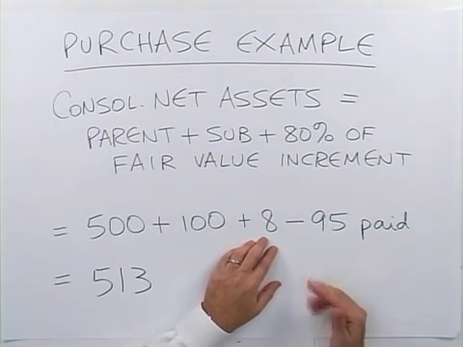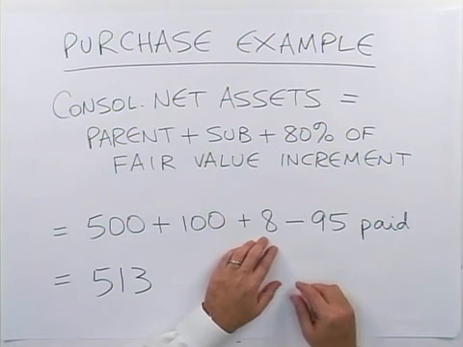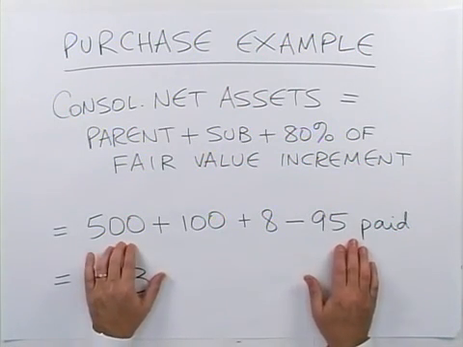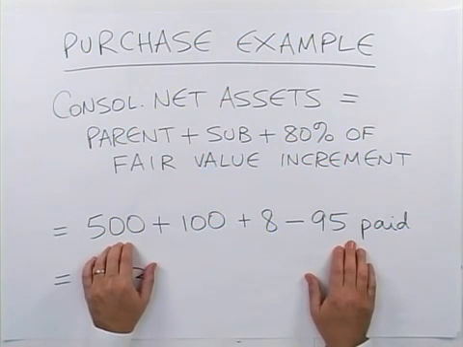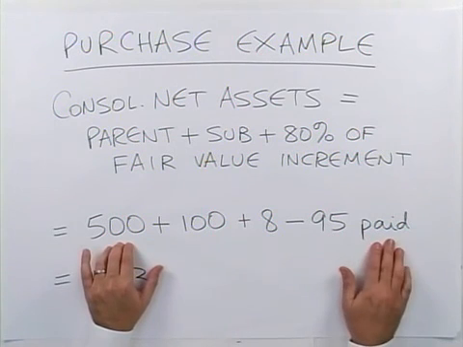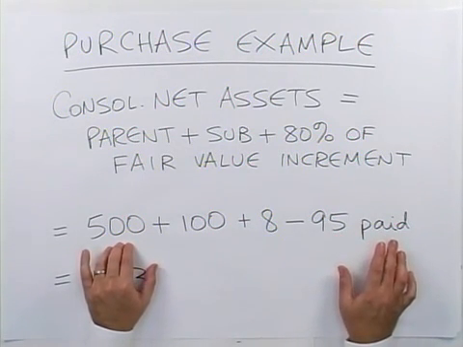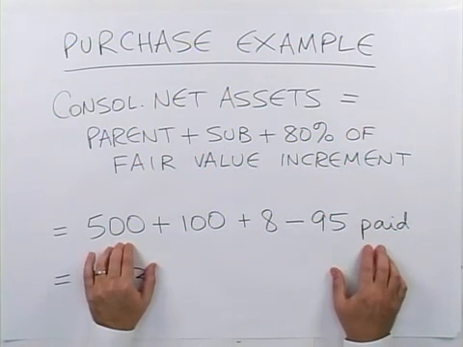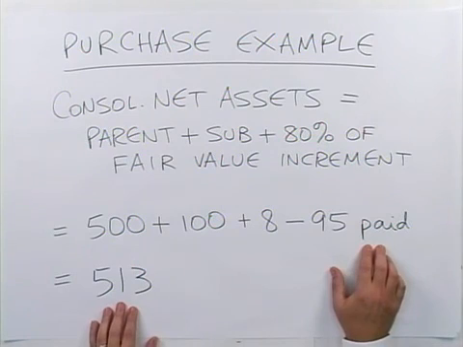Okay, the difference is 10, but the parent company only gets to count their 8. And assuming this was a cash purchase, we're going to take the $95 cash that they actually paid off the $500 originally as part of the parent's assets. This is out of the consolidated group now because the $95, remember, is going to go to the sub's individual shareholders, not to the sub. So our final number, $513.